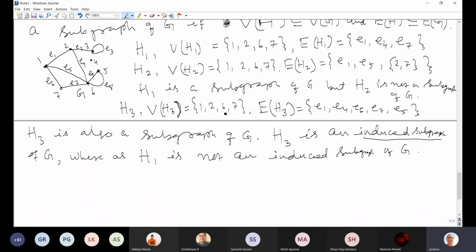So a subgraph is called an induced subgraph if it contains all the edges. Let me write this definition.